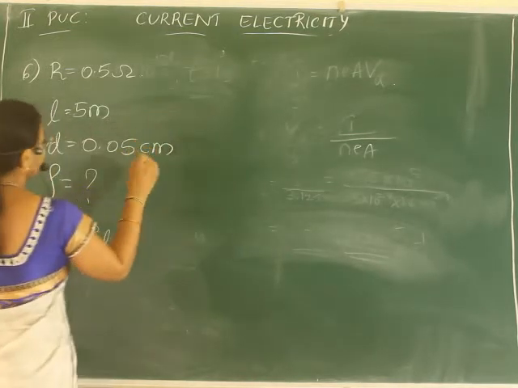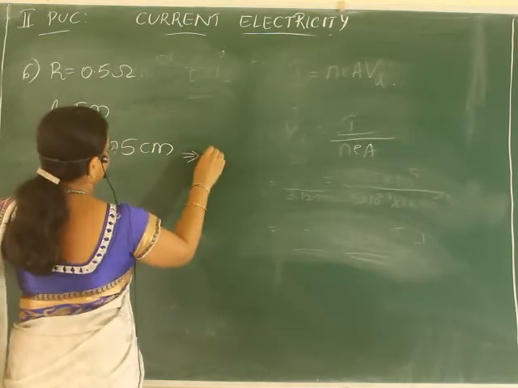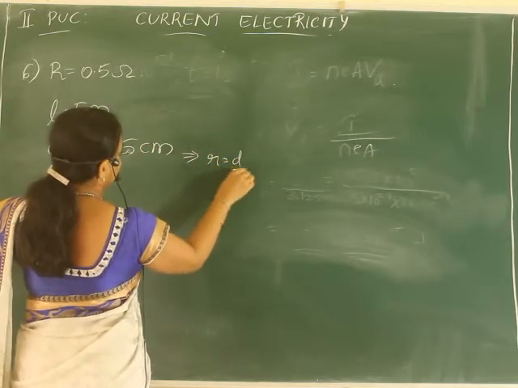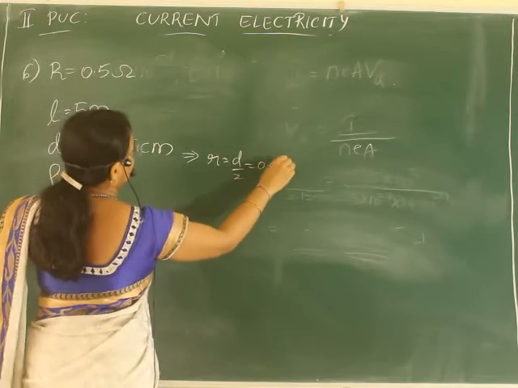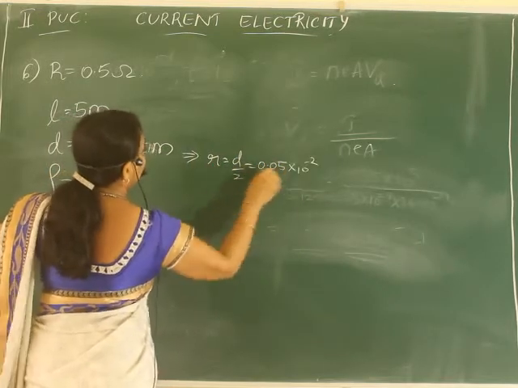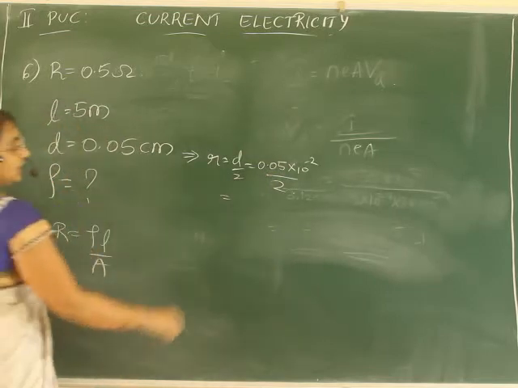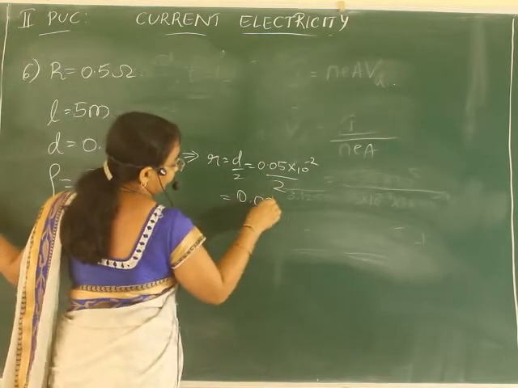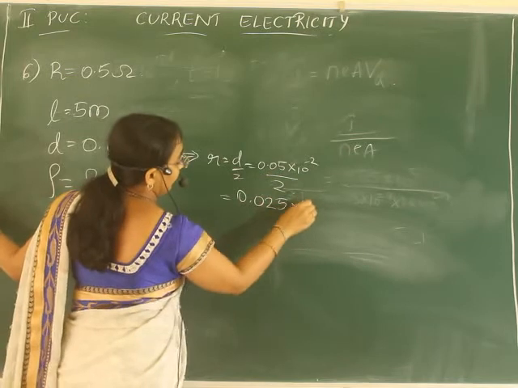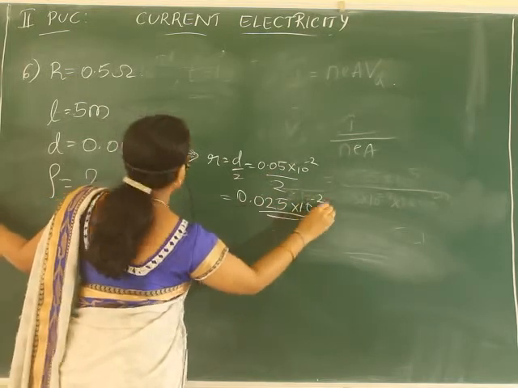So, am I right? Calculate. What is the answer you are getting? r is 0.025 into 10 to the power minus 2 meter.